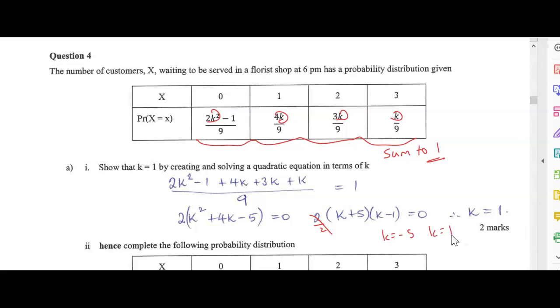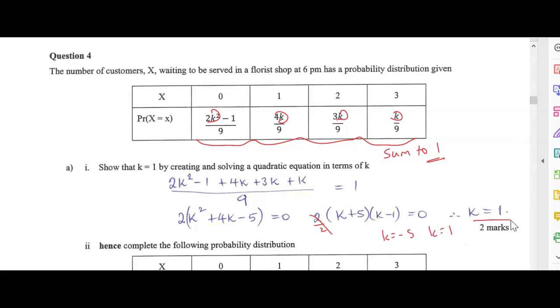Now, you should always consider multiple solutions. Okay, so here we've got k equals -5, k equals 1. Now we know k equals 1, but we should actually think about why that is true. So if I was to put -5 into these probabilities, every single one except for the first one, you're going to have negative probabilities.